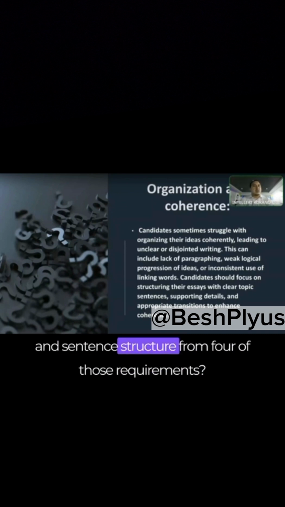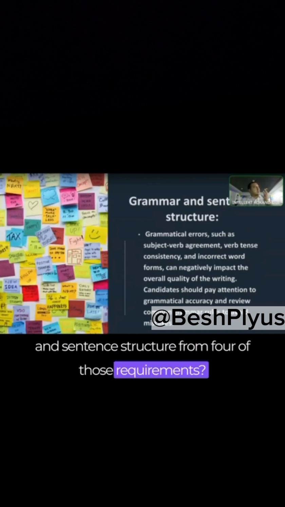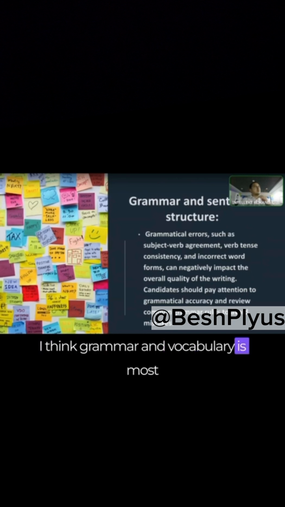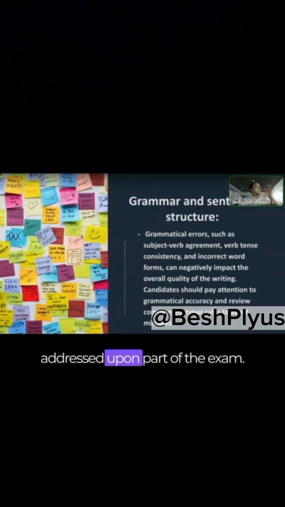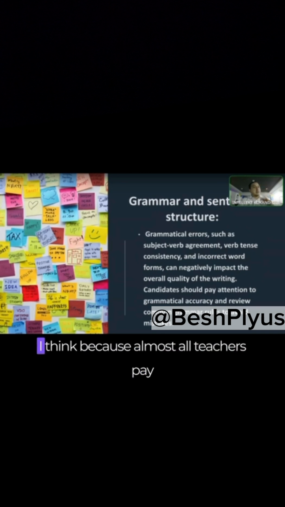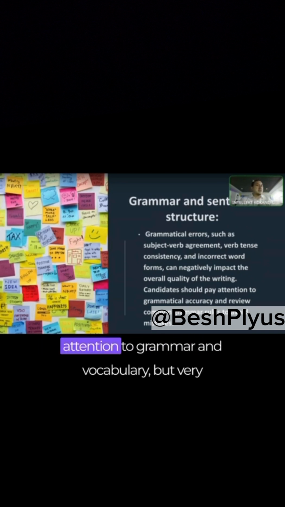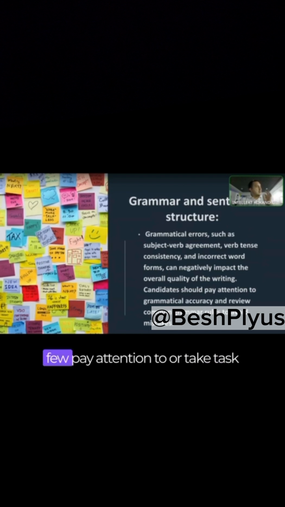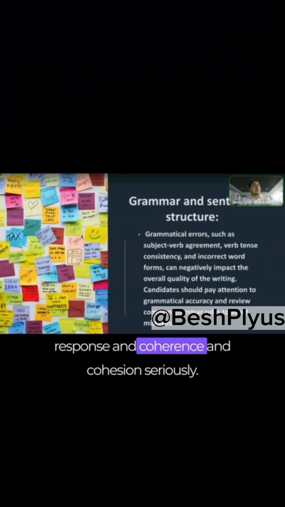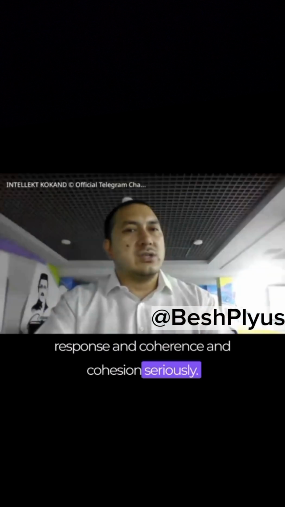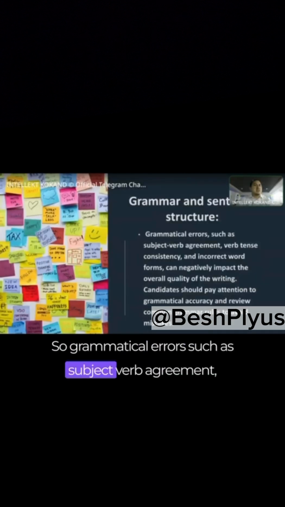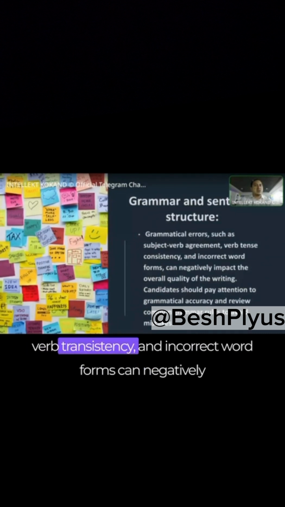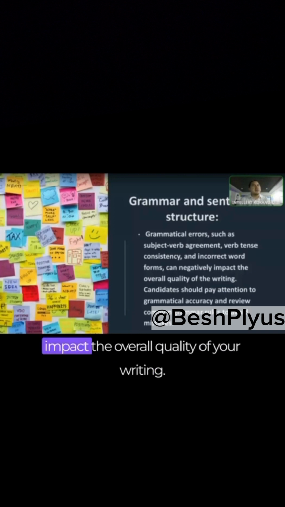Grammar and sentence structure. Of those four requirements, I think grammar and vocabulary is the most addressed part of the exam, because almost all teachers pay attention to grammar and vocabulary, but very few take task response and coherence and cohesion seriously. Grammatical errors such as subject-verb agreement, verb tense consistency, and incorrect word forms can negatively impact the overall quality of your writing.